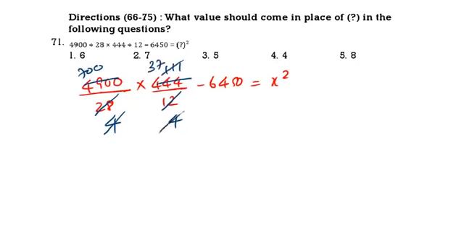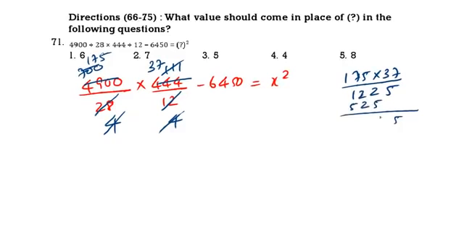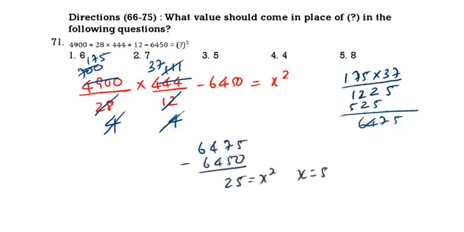Again 4 17 68. 4 5s, we are left out with 175 into 37. 35, 52, 12, 25. So 6475 minus 6450. 25 is equal to x square. X value will be 5. Next question.